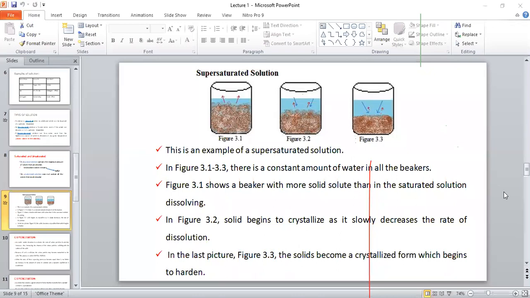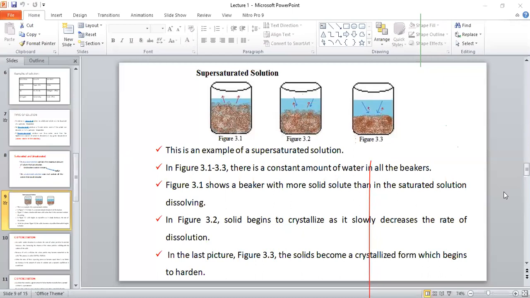So in figure 3.1, you see more solid solute than can be in a saturated solution. Like I mentioned to you before, a saturated solution has the solution and still has extra solutes inside of it, which you can filter off if you want to.